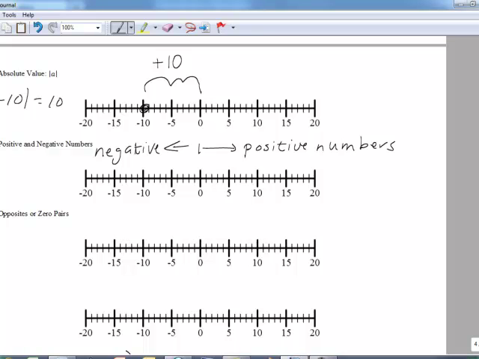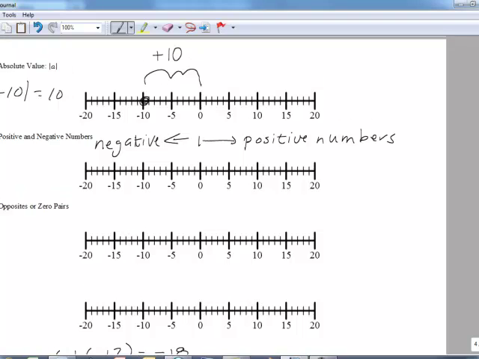All right, in opposite or zero pairs, we look at the opposite of negative 15. So as we said, that's how we write opposite of negative 15. When we look on the number line, negative 15 has an absolute value of 15. The opposite of that would have the same absolute value. So negative 15 and 15 are opposites.